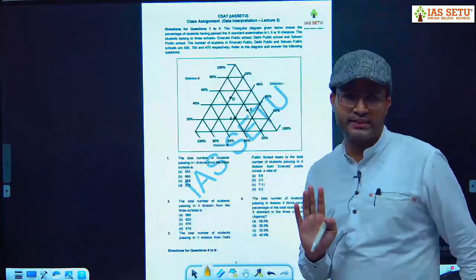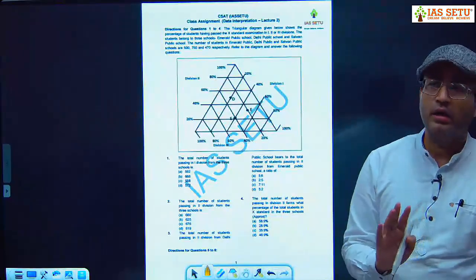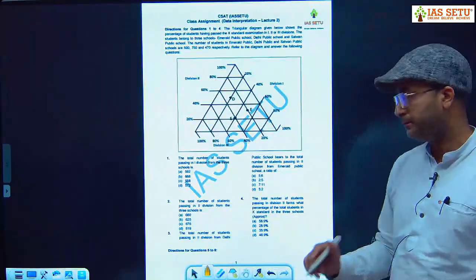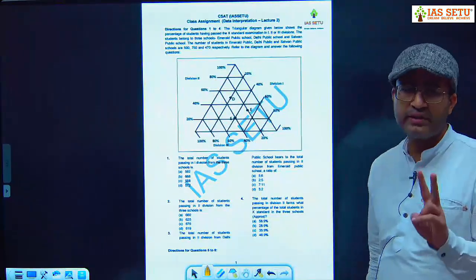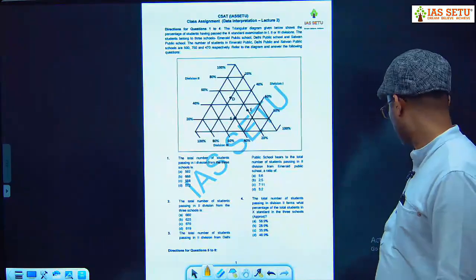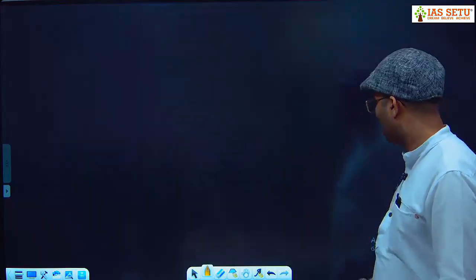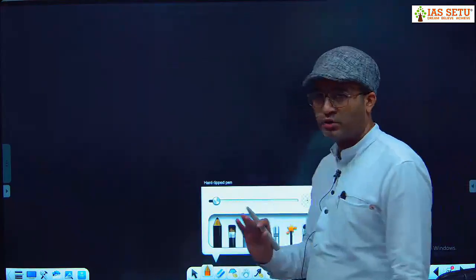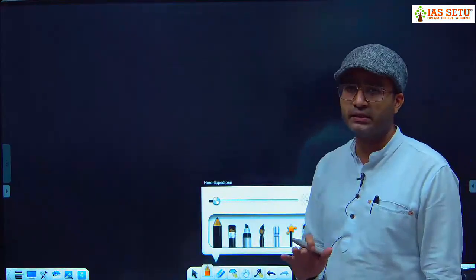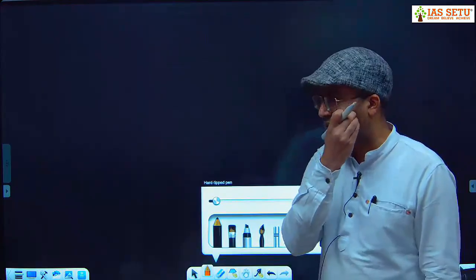देखो, what I decided for this year, last year I have taken two classes on DI. ठीक है, if you want, I can take 2 class, but I decided something which I feel is better.